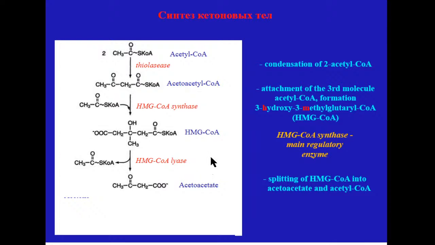So if HMG-CoA is formed, lyase can act, no matter whether insulin is present or not. So this is splitting of HMG-CoA into 1 acetoacetate and 1 acetyl-CoA. It can seem incomprehensible why at first we are synthesizing, we are including 1 acetyl coenzyme A in this structure, and then we are cutting it.